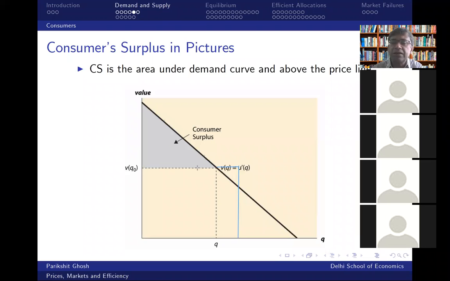But the moment you overshoot, you go beyond Q, then every successive unit has a value given by the height of the demand curve, which is less than the price, right? So the gap still captures the surplus, but it's negative. It's not a gain, it's a loss for the consumer for this additional quantity from Q to Q prime.